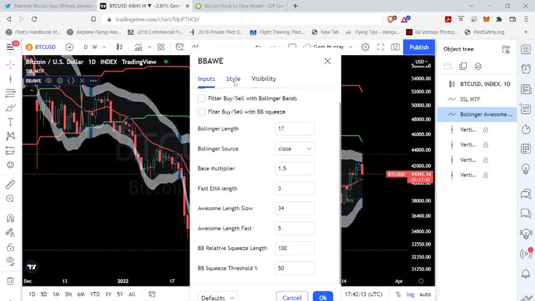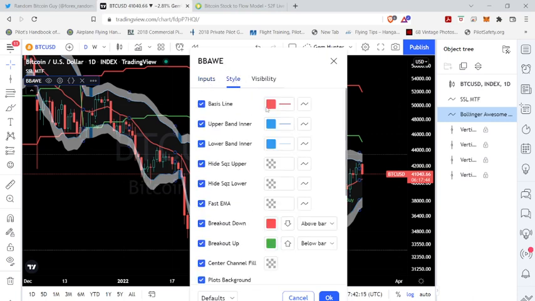So now we got that in. Then we're going to go to style, and we want to hide the upper squeeze and the lower squeeze. This will get rid of the buy and sell signals, I believe. No, that's the wrong one. Was it this one? Yeah, it's the breakout down and breakout up.